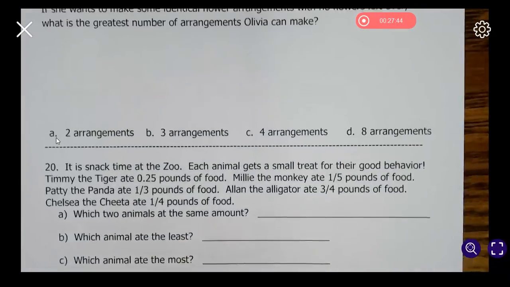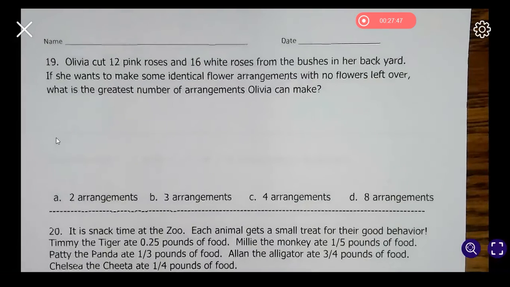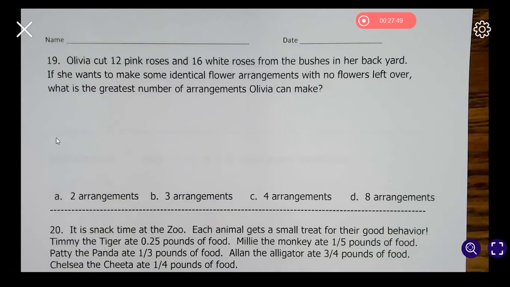Question number 19. Olivia cut 12 pink roses and 16 white roses from the bushes in her backyard. If she wants to make some identical flower arrangements with no flowers left over, what is the greatest number of arrangements Olivia can make?